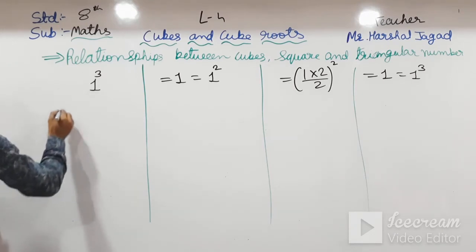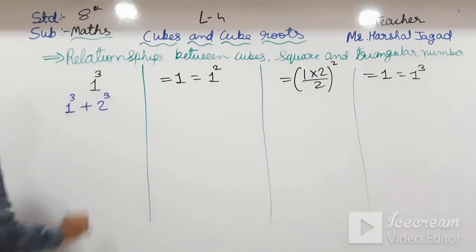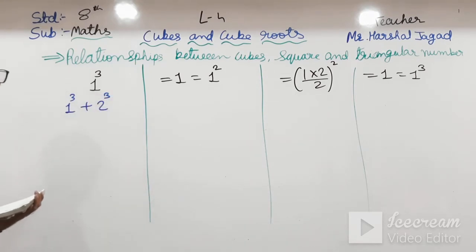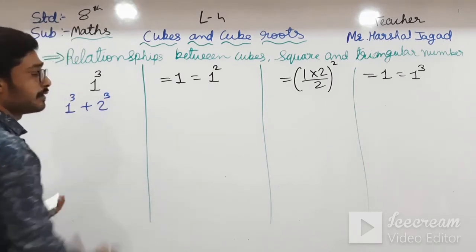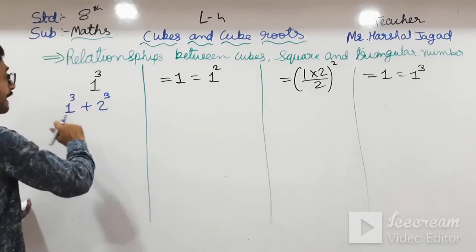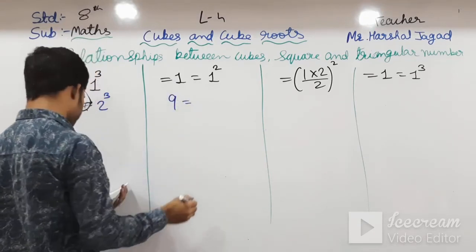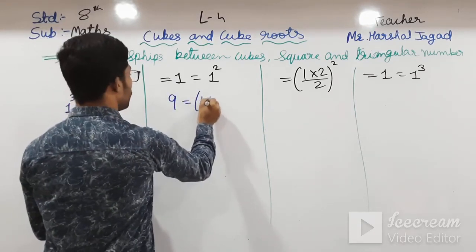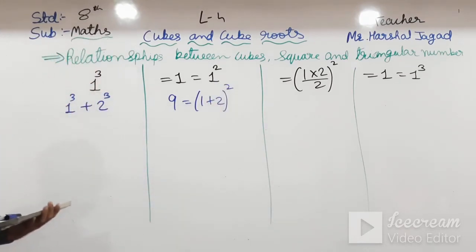Another one, that is 1 cube plus 2 cube. So what is 1 cube plus 2 cube? 2 cube is 8, 8 plus 1, that is 9. So we can write this as 1 plus 2 whole square, that is 9.